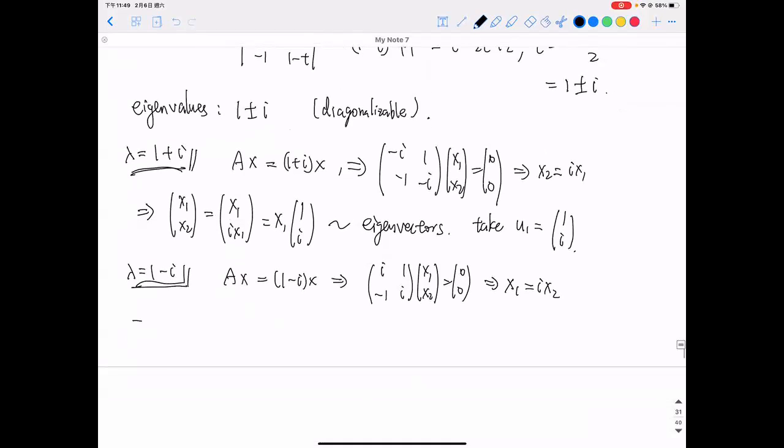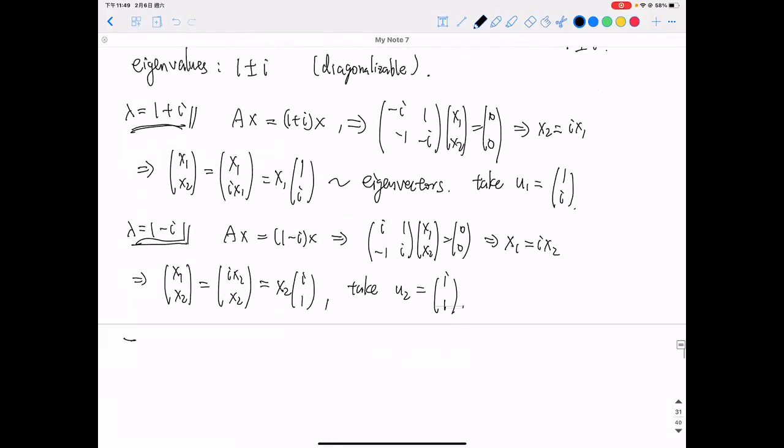So the eigenvectors are (i x2, x2), that is, x2 times (i, 1), and you can once again take one of them. So for example, (i, 1).